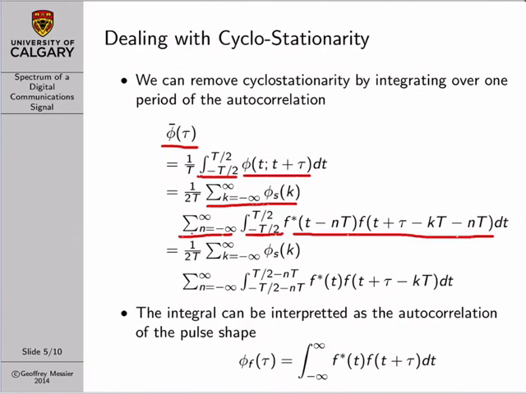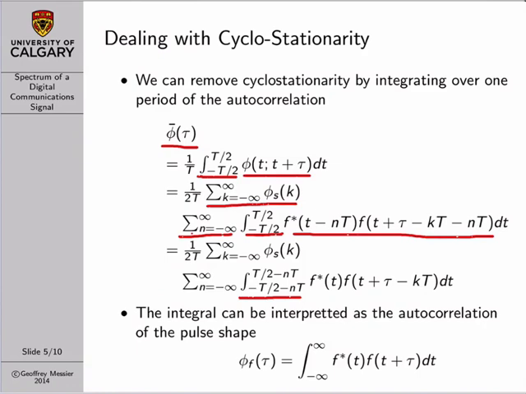So the next thing I want to do is play a little bit of a trick where I take the index nT and I pull it into the integration index, right? So I take the nT term and plug it into the integration index.